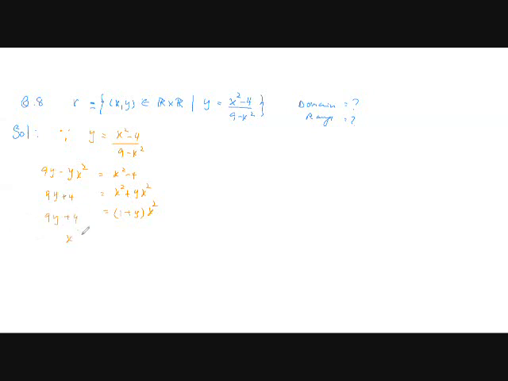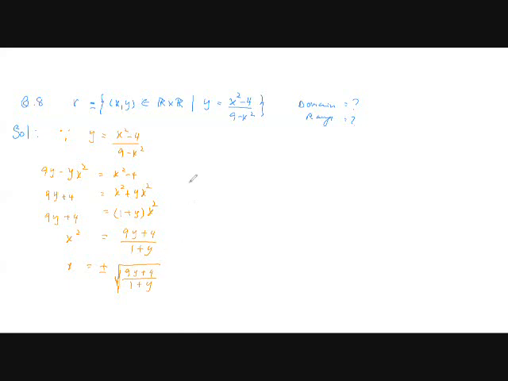Then x squared equals (9y plus 4) over (1 plus y). So x equals plus or minus square root of (9y plus 4) over (1 plus y).